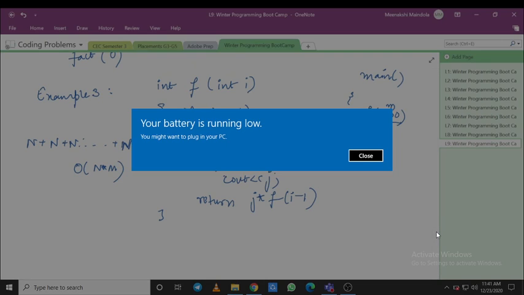What if n is equal to m? If n is equal to m, then the time complexity here will be order of n square. In this case, the time complexity is going to be 100 into n.